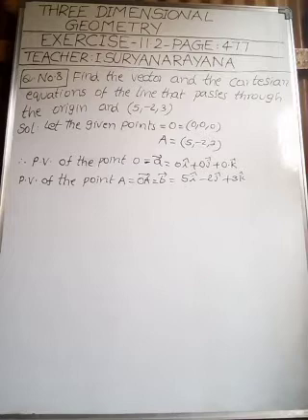Okay, my children. We know that the line passing through 2 points with the position vectors A bar and B bar is R bar is equal to A bar plus lambda into (B bar minus A bar). Yes or no, my children?